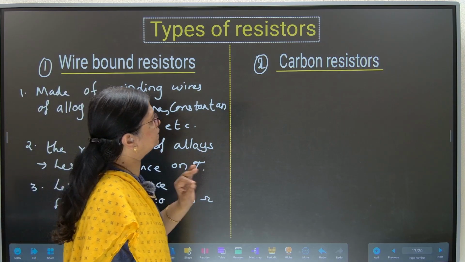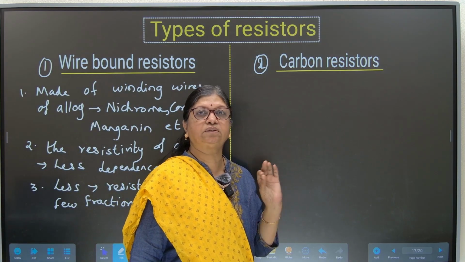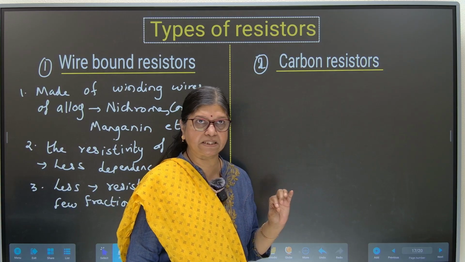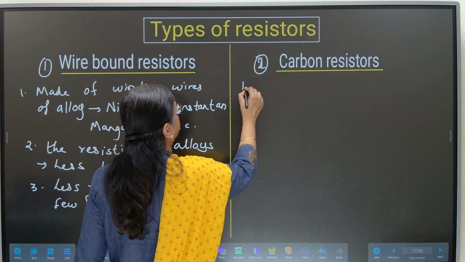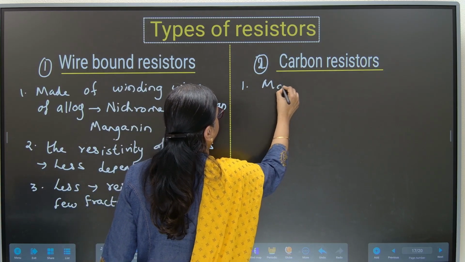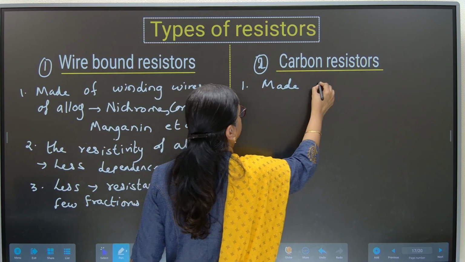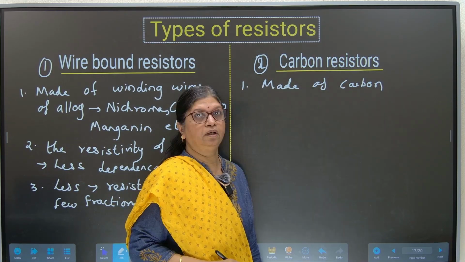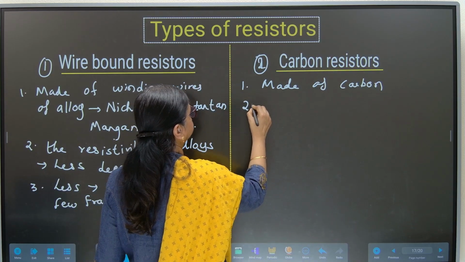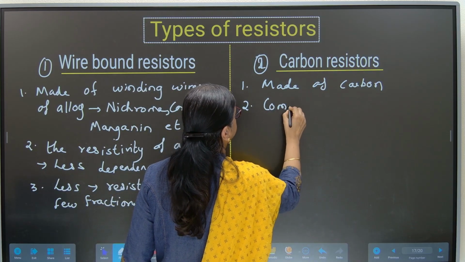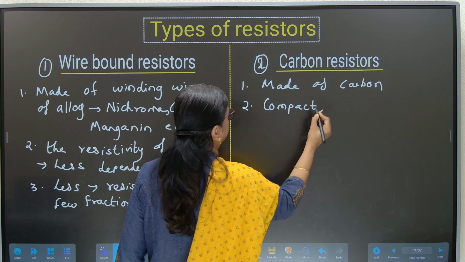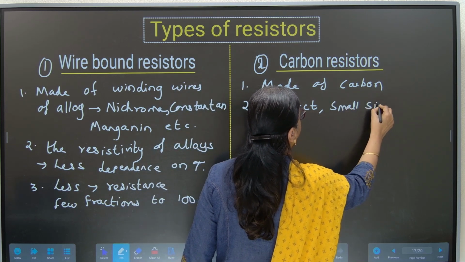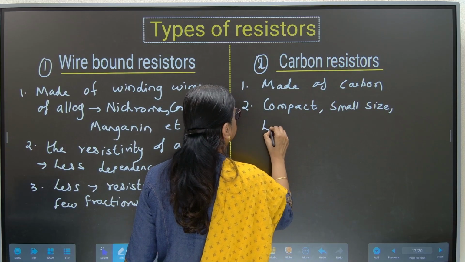Now let us understand the second type of resistors used in laboratory or for domestic purposes. It is made up of usually carbon. Reason for using them: compact, small in size, less expensive.